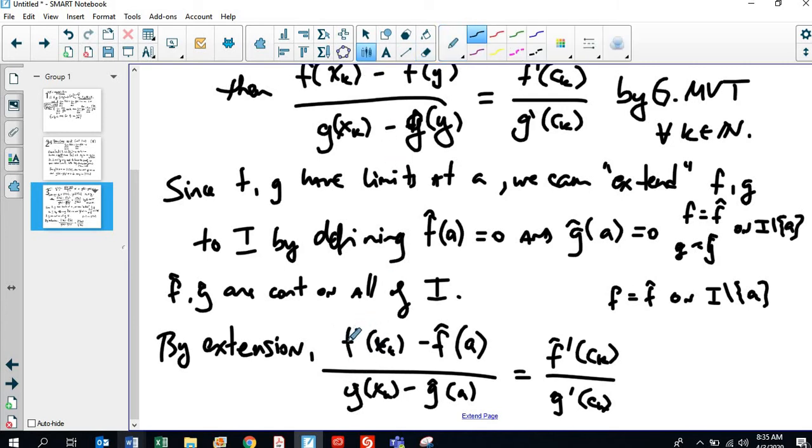And so that's why I kind of jump back and forth with the notation. But this is the derivative, and the derivative is the same because the functions are the same. These guys are the same function. The derivative exists everywhere except possibly at a, but I don't care about a because ck is not equal to a, right? And it's not equal to xk either because it's in between here.